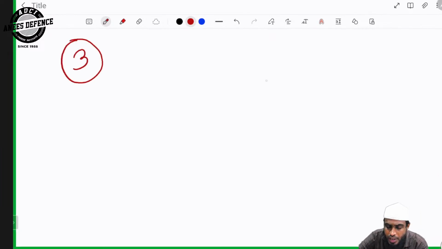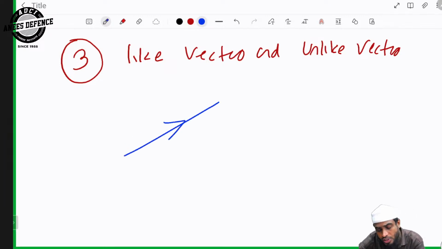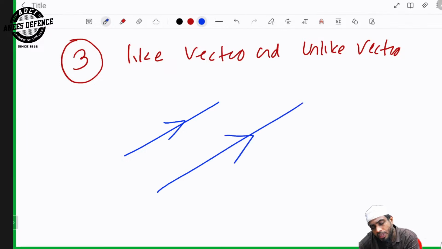Another one, like and unlike vectors. For like vectors, here we are not checking the magnitude, only whether they are in the same direction. We can call it a like vector.